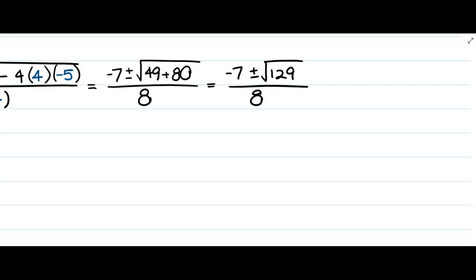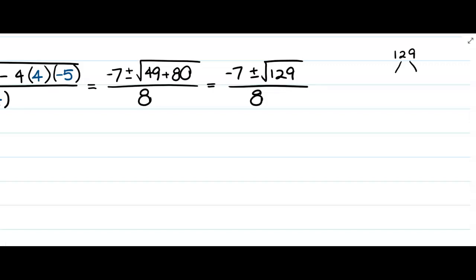Now, I can't take the square root of 129, but we should check to see if we can break it down into some divisible pieces. So, is there a perfect square that divides into 129?